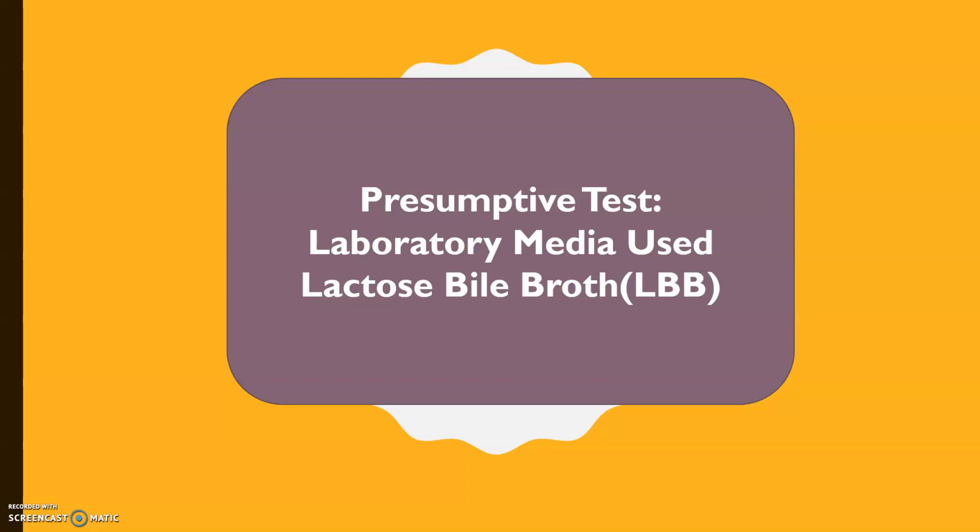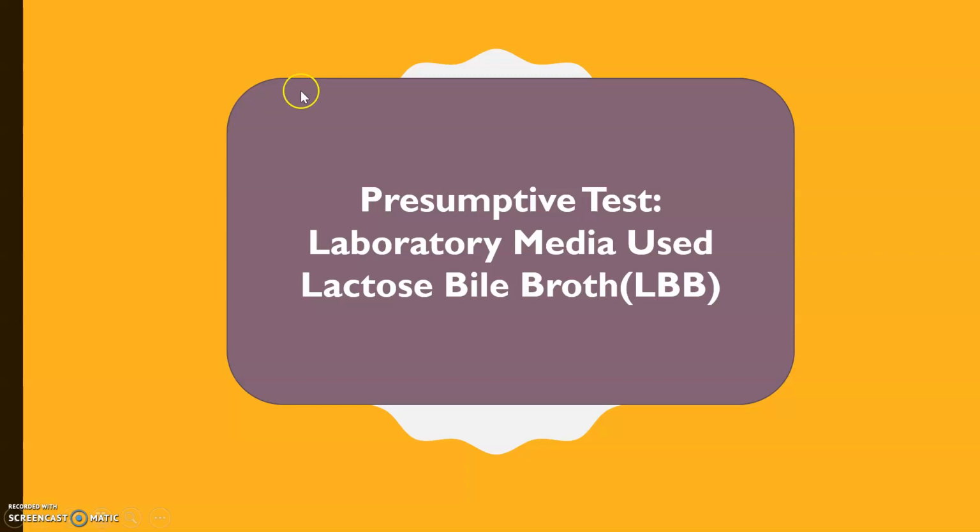Again, some false positive presumptive tests are also due to the presence of certain bacteria showing a synergism type of relation, that is, combined biochemical activity, and this shows a false positive presumptive test. Hence, it is necessary to confirm that gas production is only by the coliforms.